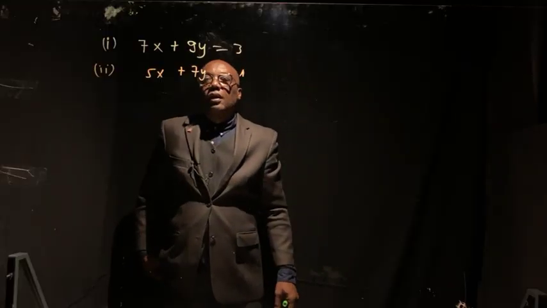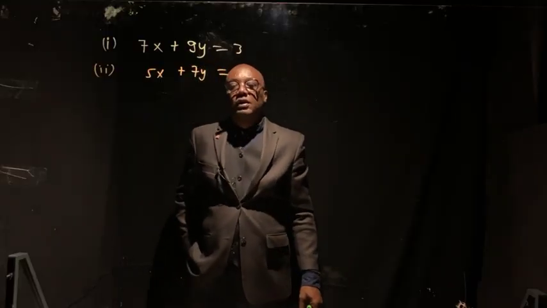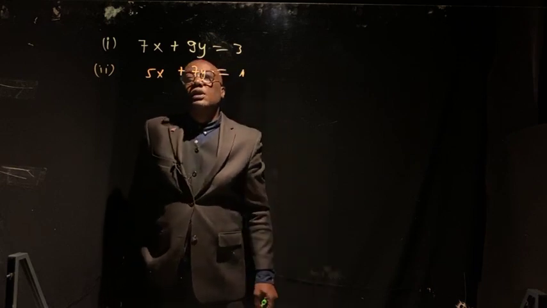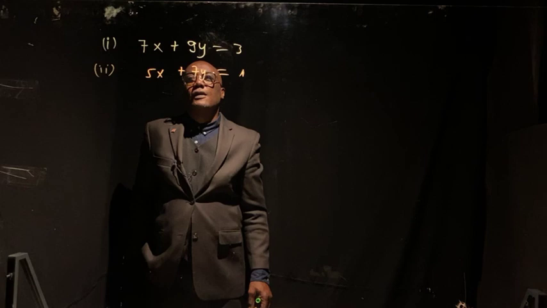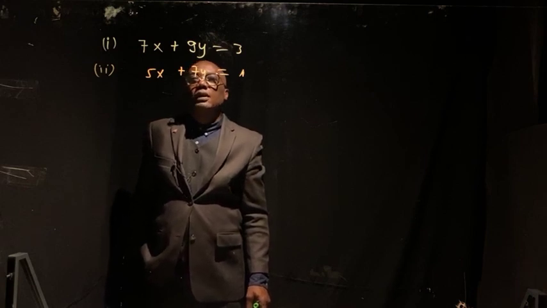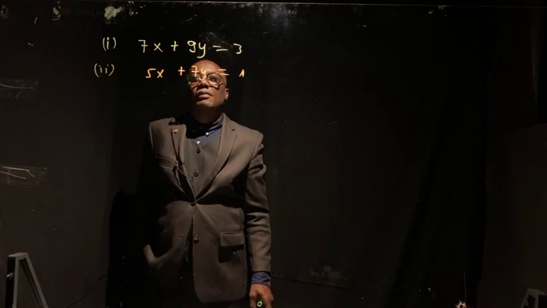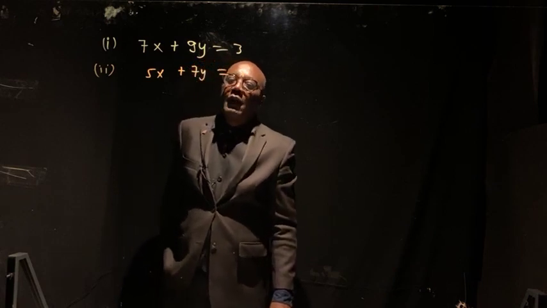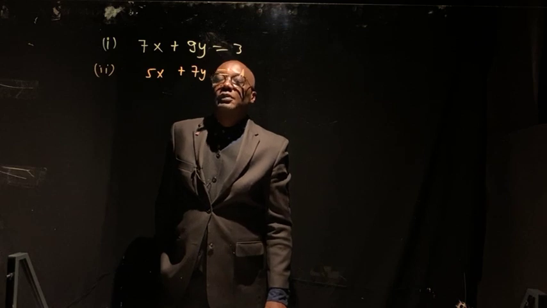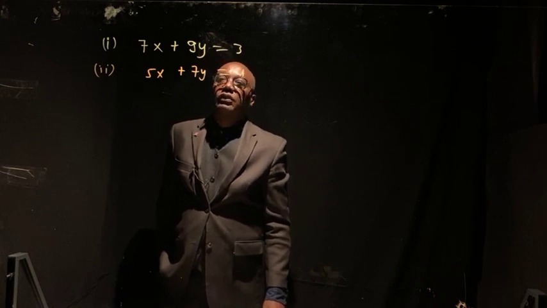Now we come back again. In the last edition of the tutorial, we solved the same simultaneous equation by, I think, 2 or 3 different approaches: by elimination, substitution, and matrices approach.